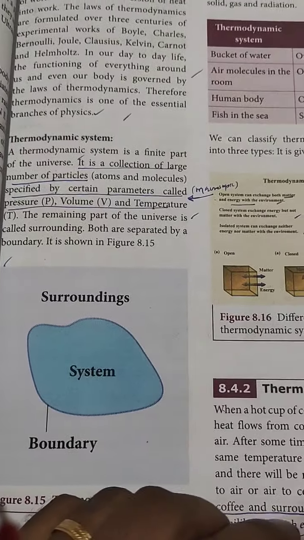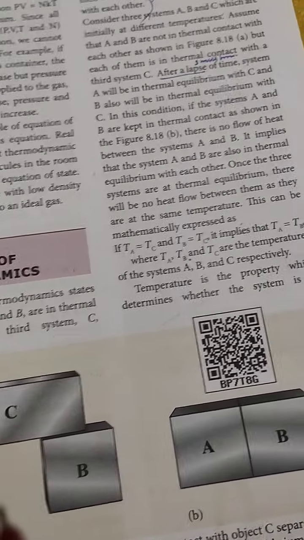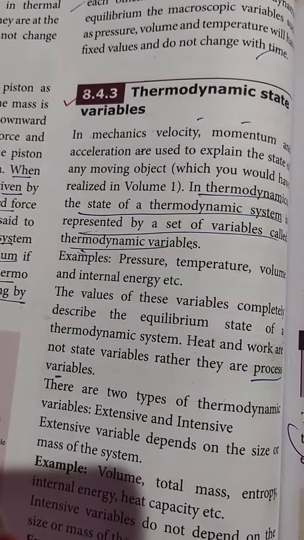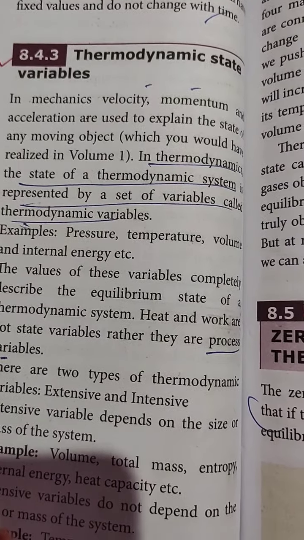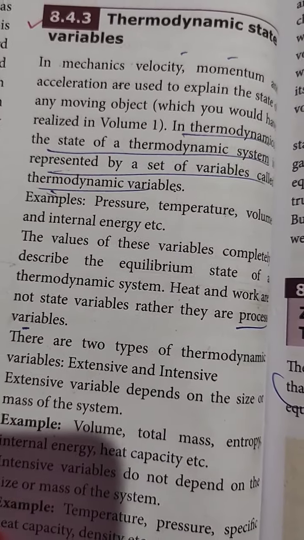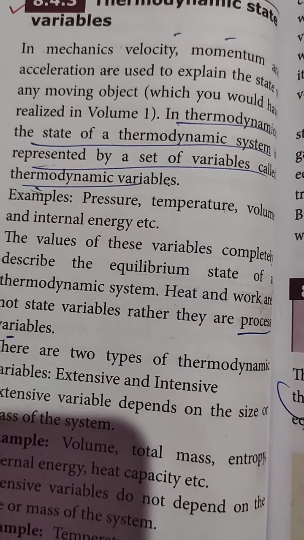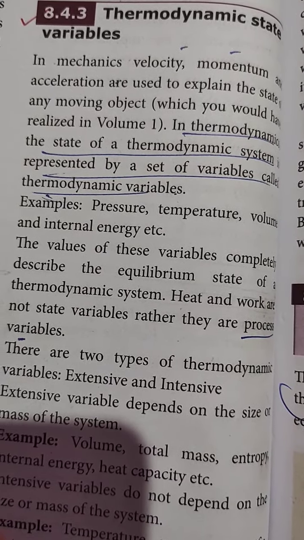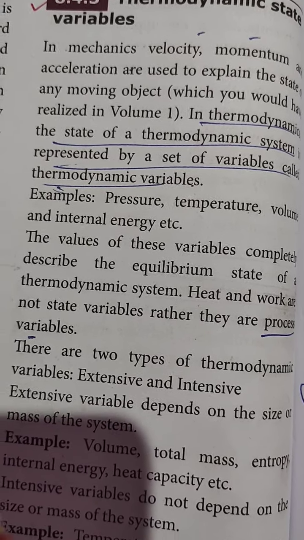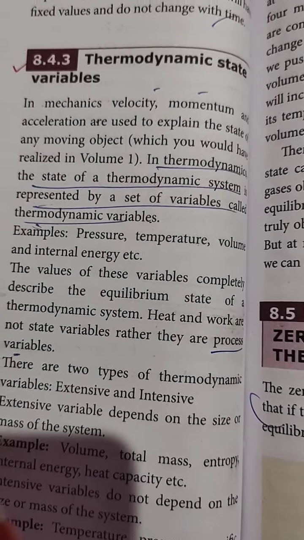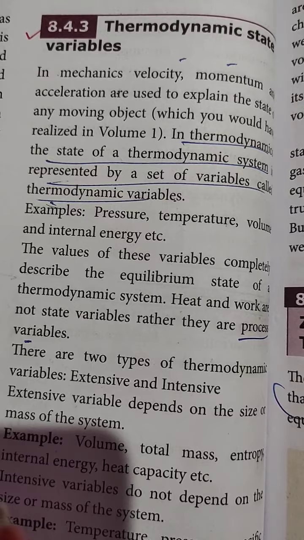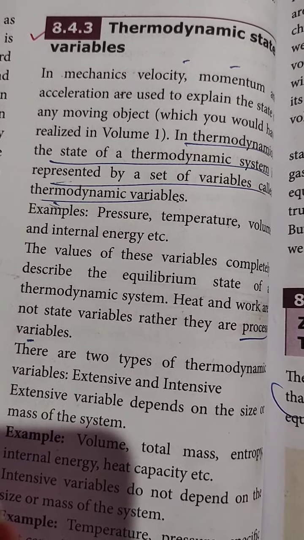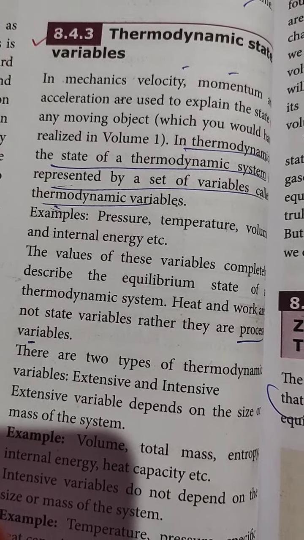So, we have more topics. The first one, 8.4.3, thermodynamic state variables. In mechanics, velocity, momentum, and acceleration are used to explain the state of any moving object. In thermodynamics, the state of a thermodynamic system is represented by state variables, called thermodynamic variables.